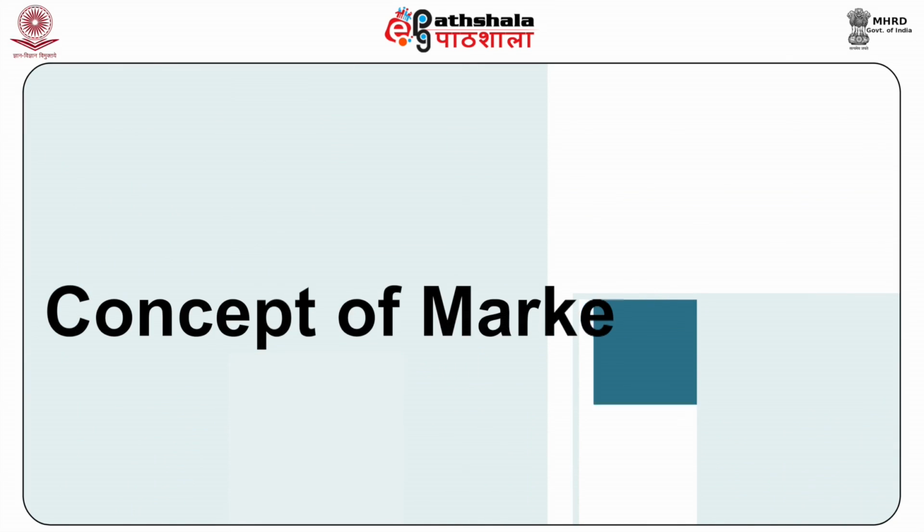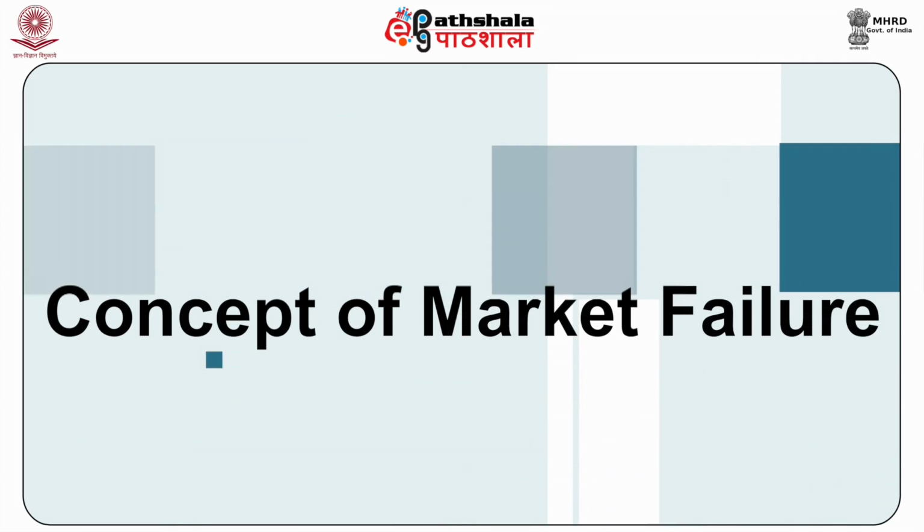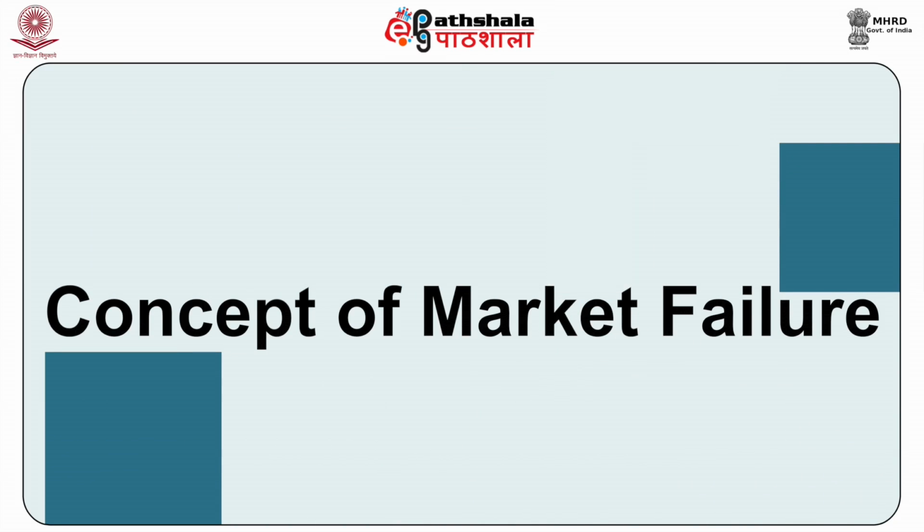Let us begin by understanding the concept of market failure. Market failure occurs when there is an inefficient allocation of resources in a free market. In more general terms, these are those situations where market forces do not serve the perceived public interest.